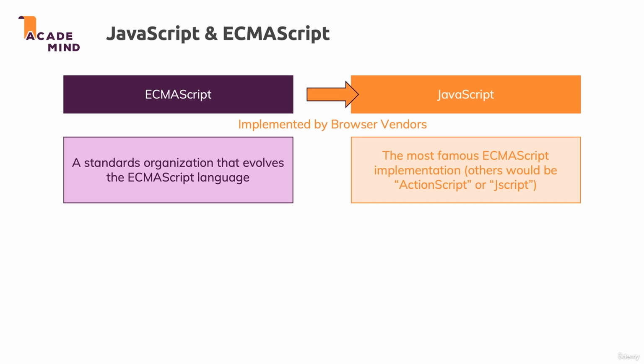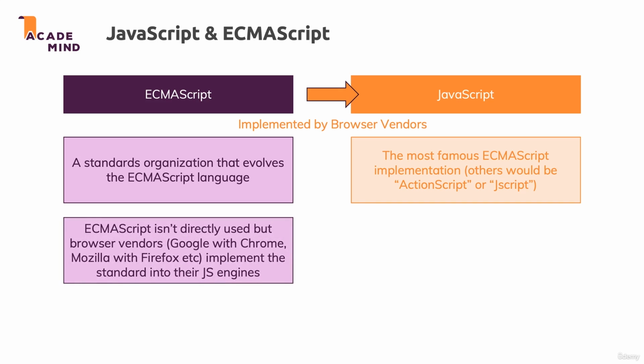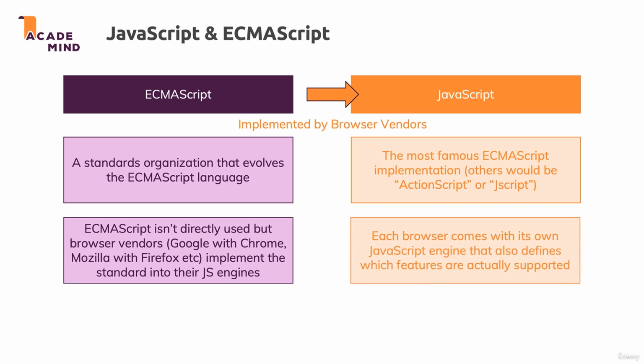So JavaScript in the end is ECMAScript, we could say, and we have that organization that evolves ECMAScript, and with every new standard version which is in the end then created and finalized, browser vendors take that and implement it into browsers. So ECMAScript itself isn't directly used, but browser vendors implement it into their JavaScript engines. Each browser comes with its own JavaScript engine though, and therefore it's each browser and the engine used by the browser which defines which exact features are supported.